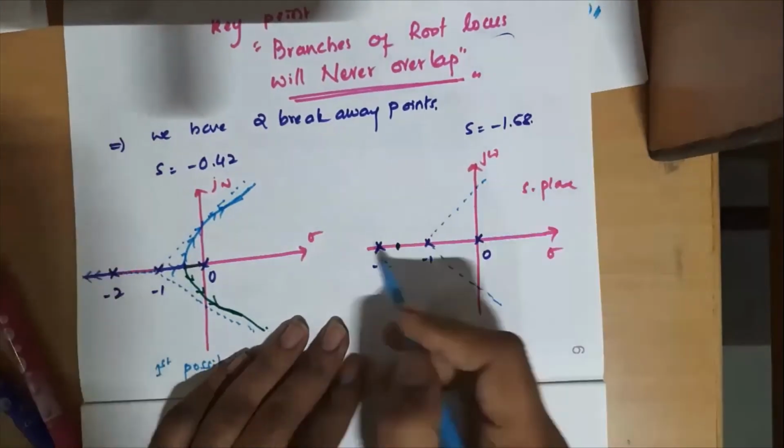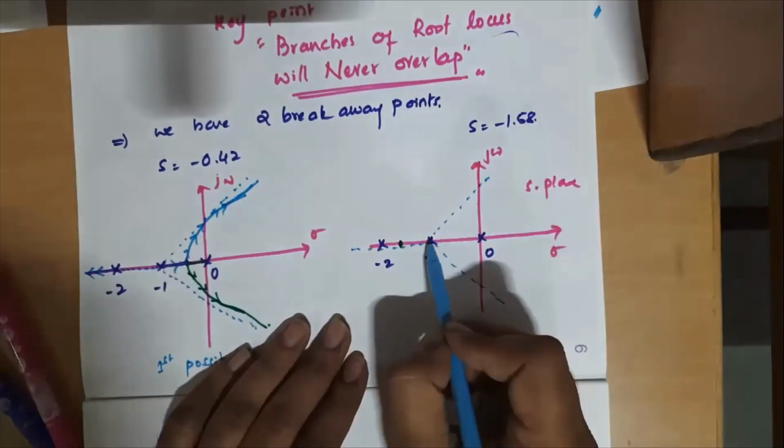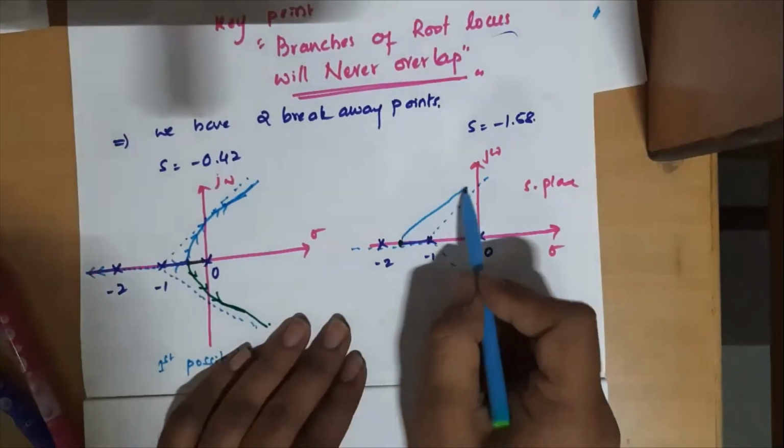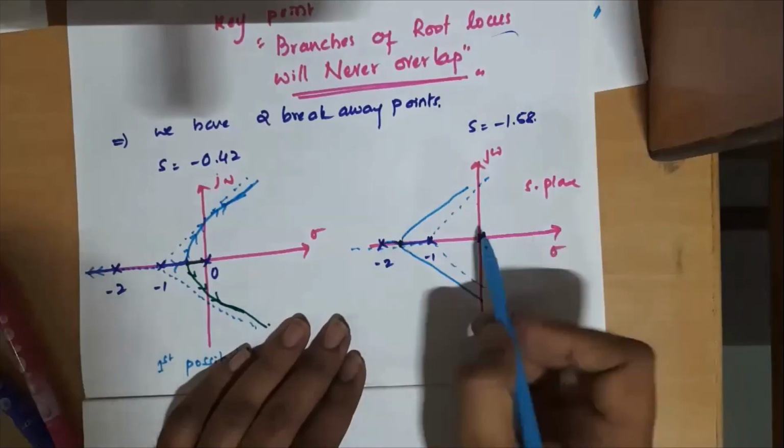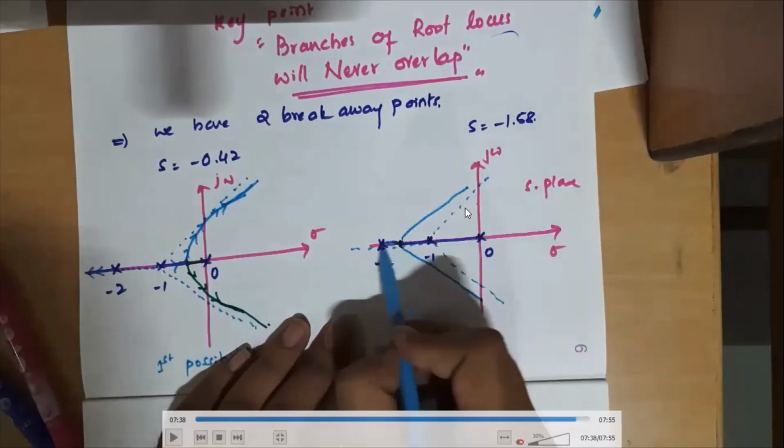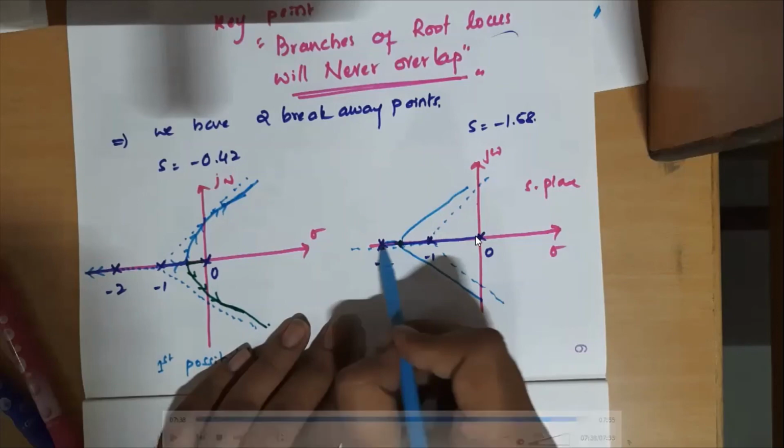I will mark the asymptotes because the root locus has to follow them. If I choose this way, the first branch will follow the first asymptote, the second branch will follow the second asymptote, and they have to break at this point. And the third branch has to follow the third asymptote to maintain the symmetry of the root locus.